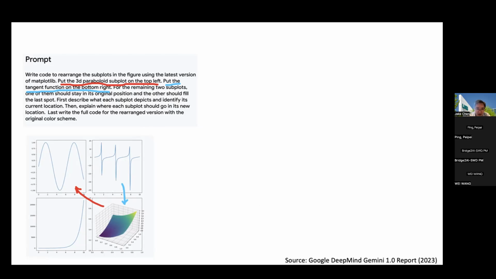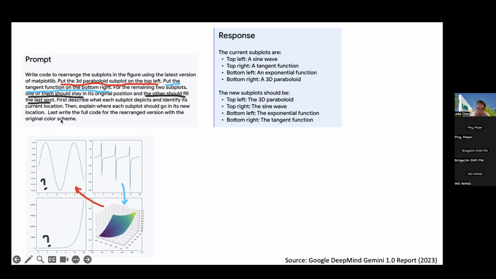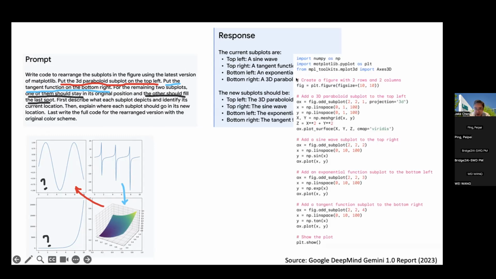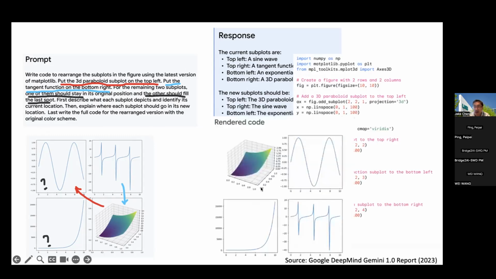See if the AI could do it. And also, it says that you have to explain and then write code so that you can generate this. So Gemini 1.0 was able to respond with the right code and get all of the answers and generated a figure in the end. So this is very impressive, right?